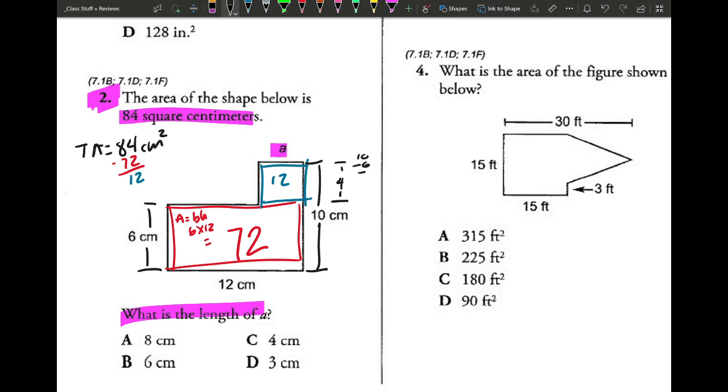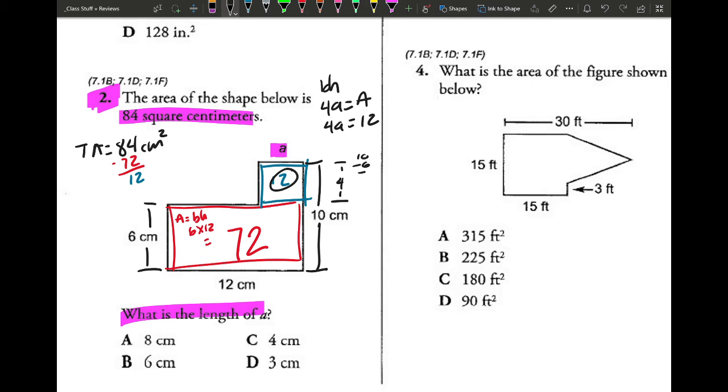Now, to find the area, the length, all I gotta do is find a number multiplied by 4 that gives me 12. What number is that gonna be? If the formula is base times height, or 4 times A equals the area, 4 times A equals 12.